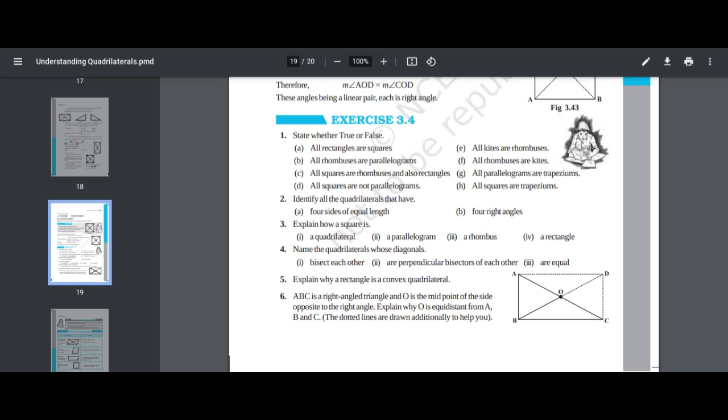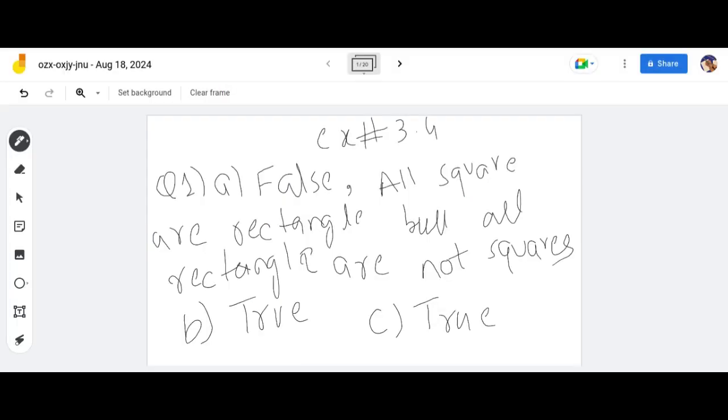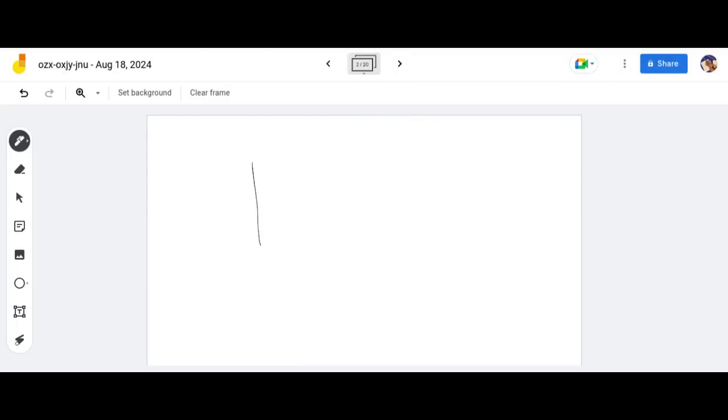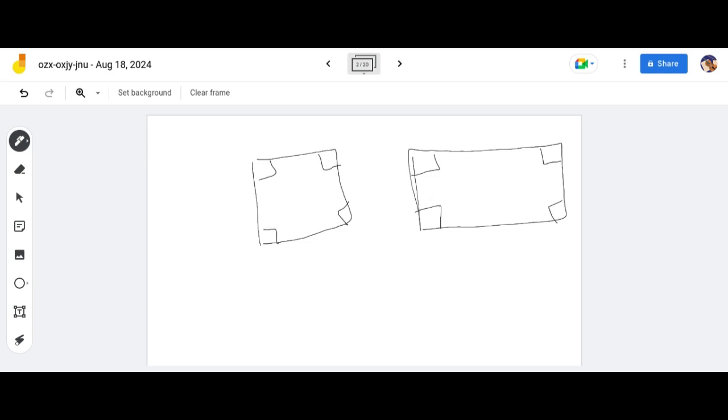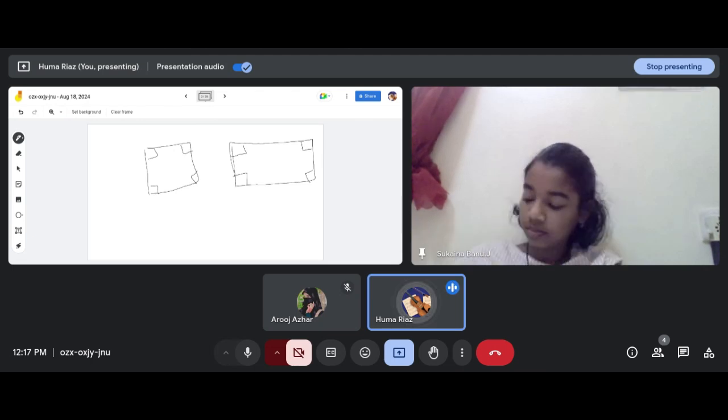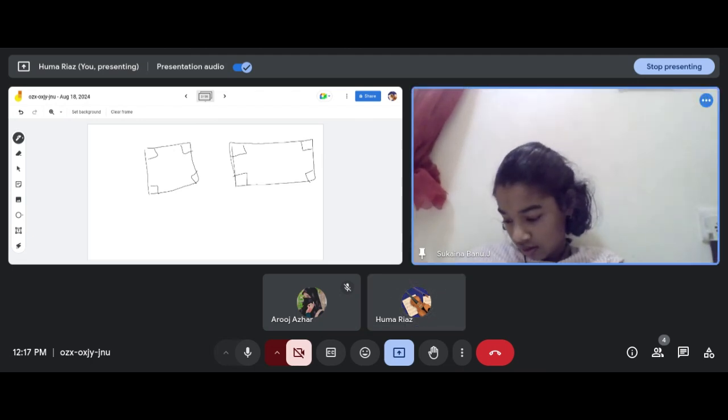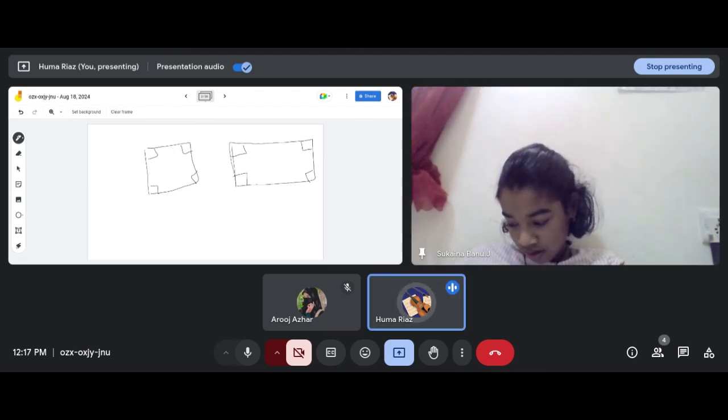That is also a square and a rectangle, both. This is the square and this is the rectangle. Look, 90 degrees, 90, 90, 90, all the angles are 90. Right angle means an angle of 90 degrees.